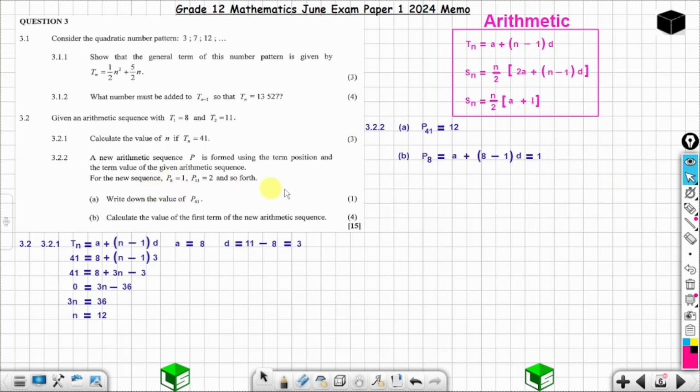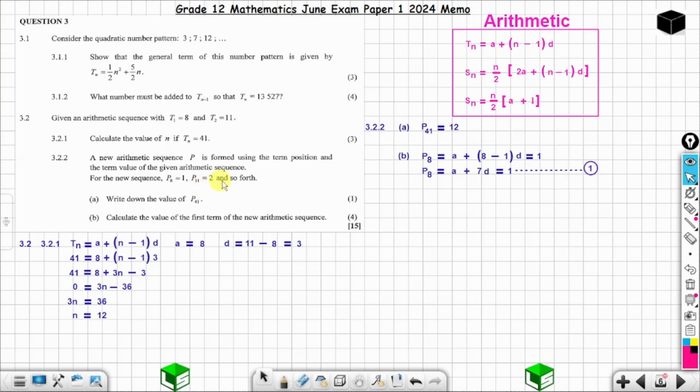Can you see? So you have P8 is equal to A plus 7D, which is equal to 1. So we are going to call this our first equation.